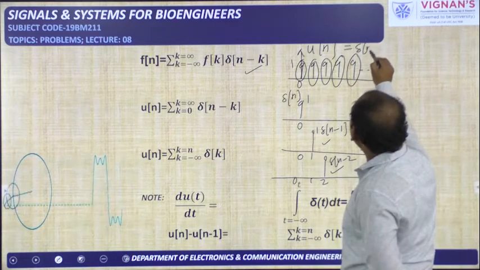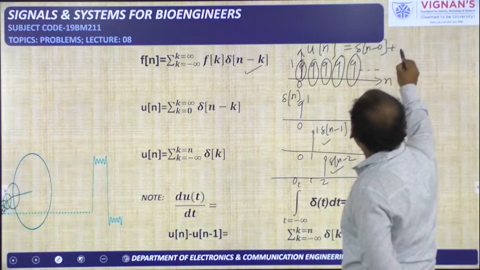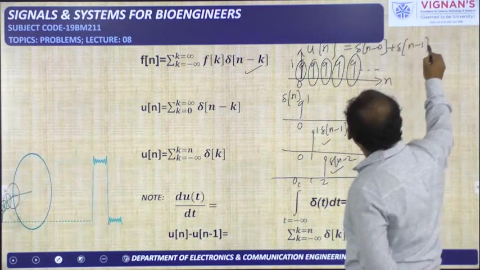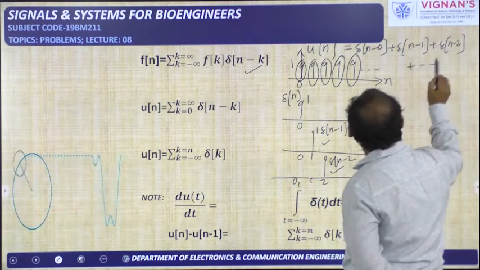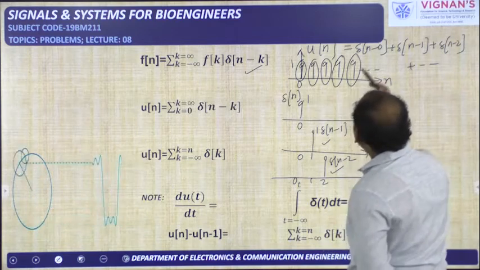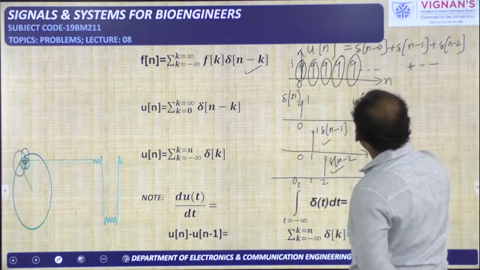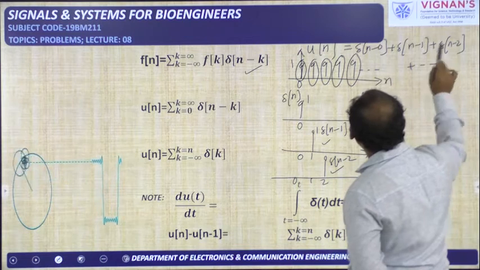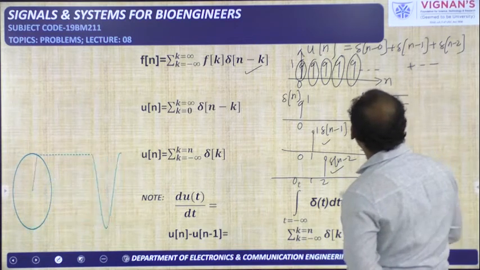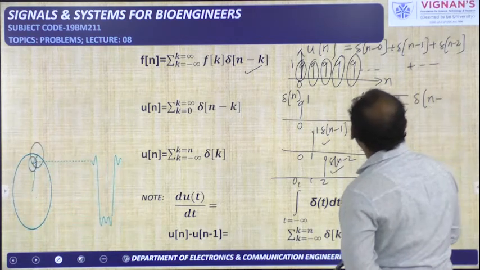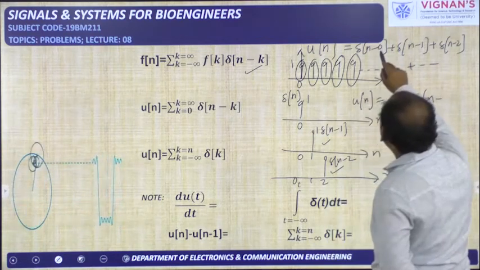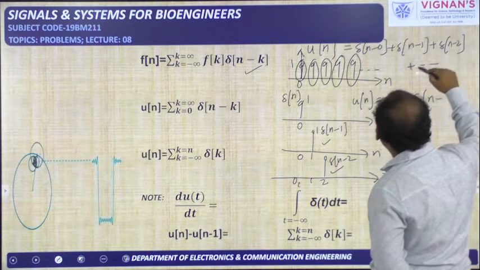Del of n, del of n minus 1, del of n minus 2 and so on. Because it is the discrete domain, u of n is equal to a discrete summation of del of n and all the shifted terms. Here the value is changing, 0 to 1, 1 to 2, 2 to 3, 3 to 4, up to infinity.